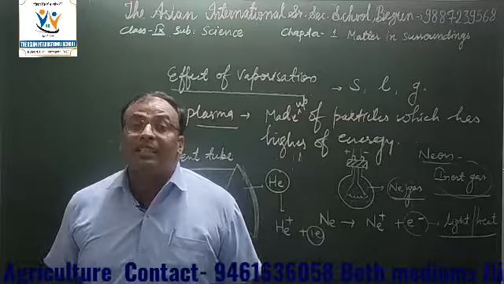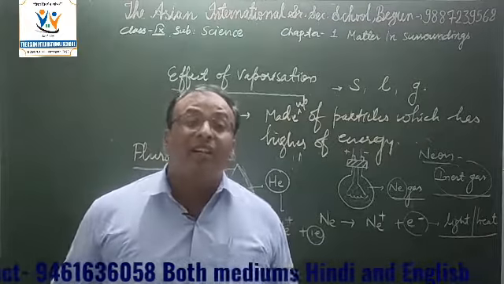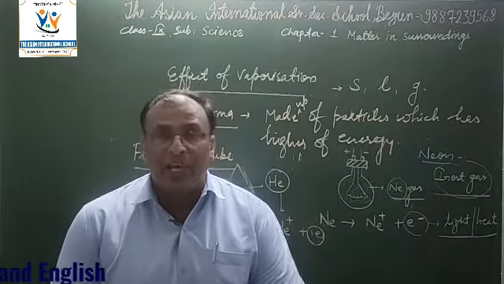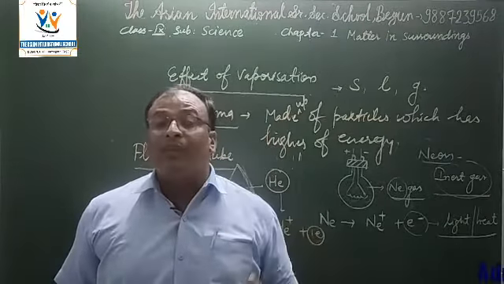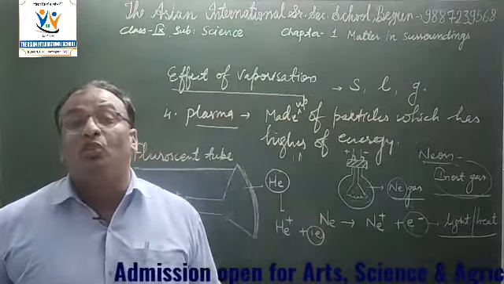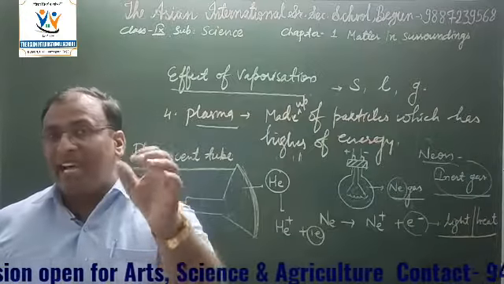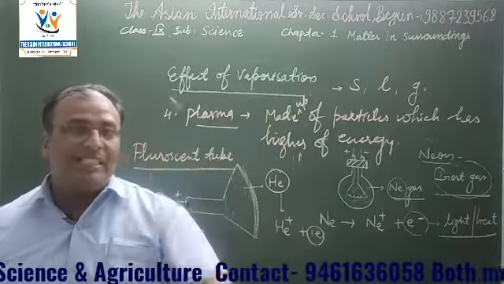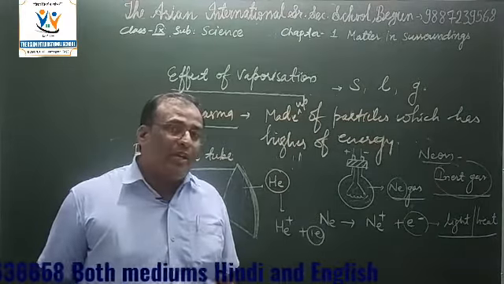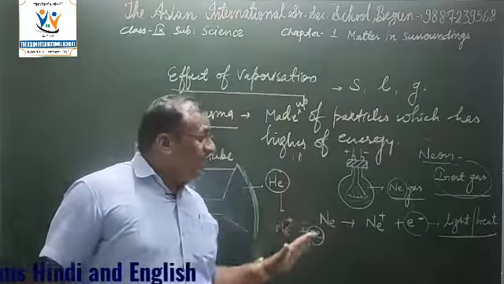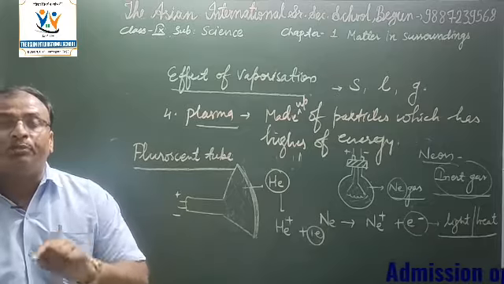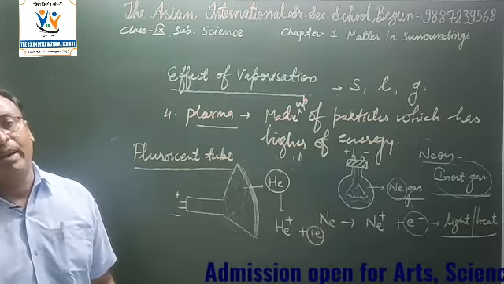Due to this light and heat, we observe that the television is glowing. After turning off the television for a short time, you observe some specific light in front of the television. That is due to the fluorescent tube, and that phenomenon is known as fluorescence. So these are two examples which explain the fourth state of matter, called plasma.